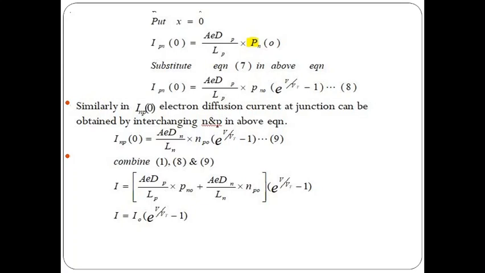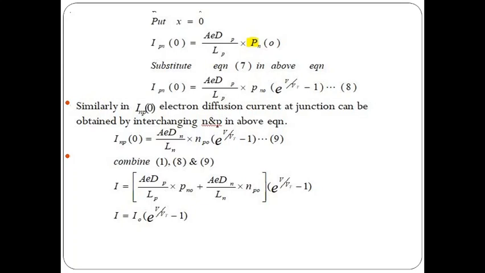This Pn naught is the hole concentration in the N region, which is the minority charge carrier concentration in the N region. Can we write it equals Ni square by Nd? Yes, because from the law of mass action, minority charge carriers equal Ni square by majority charge carriers. So we can replace Pn naught with Ni square by Nd. Similarly, Np naught equals Ni square by Na.